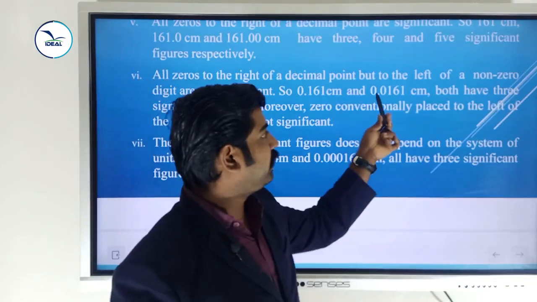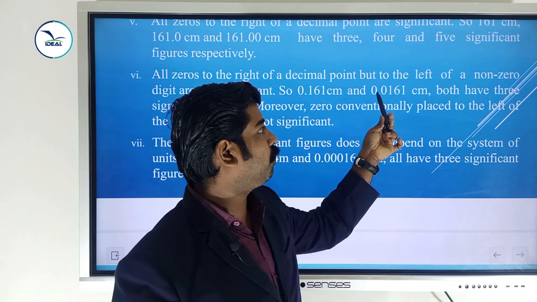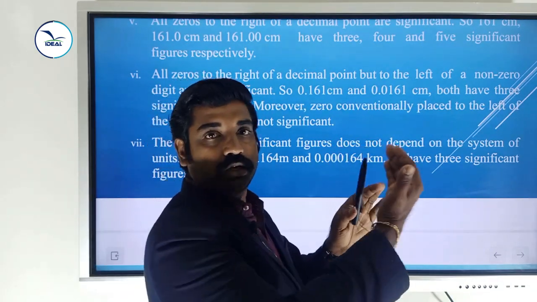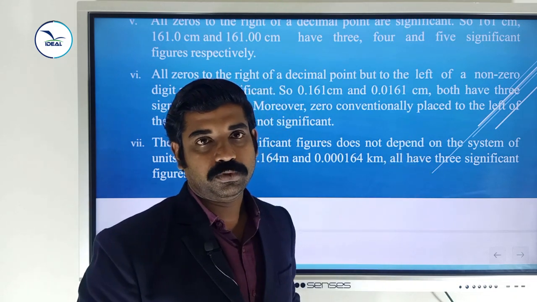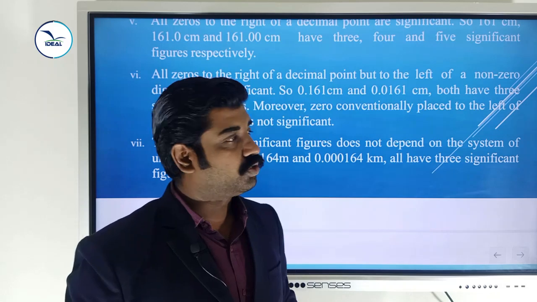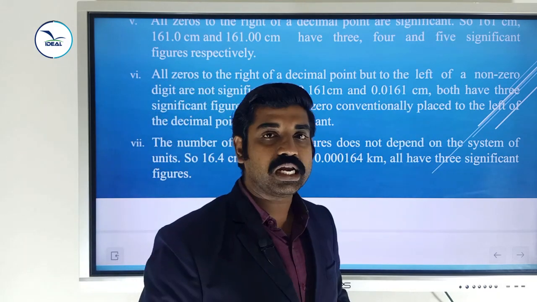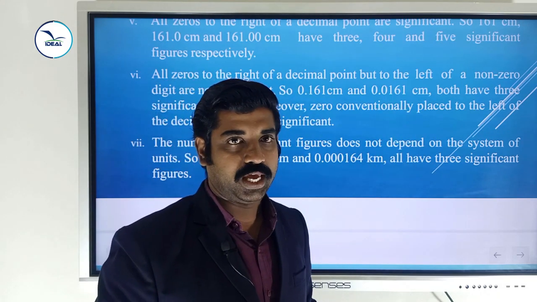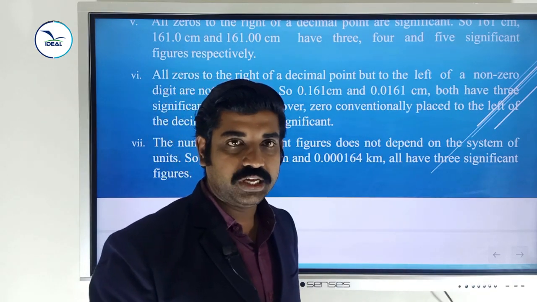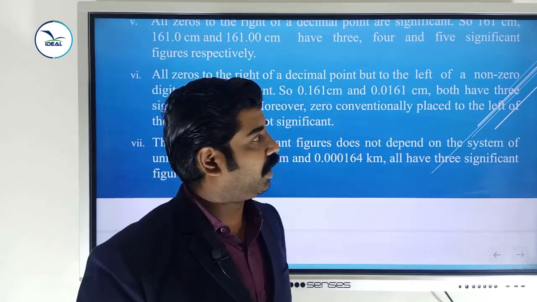Likewise, 0.0161. There are 2 zeros to the left of that number, so those zeros are also not significant. So here also the significant figures are 3. Okay, clear? So 0.0161 consists of 3 significant figures only.